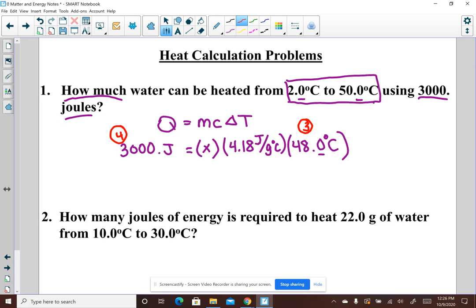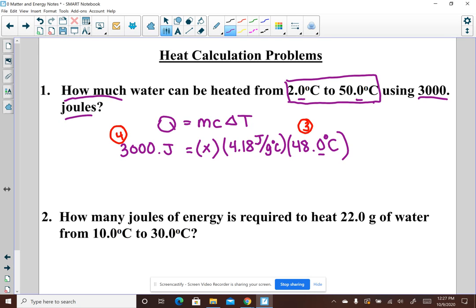So my final answer, I want to round it to the smallest number of sig figs, which should be 3. But we'll get to that in a minute. So in your calculators, I want you to do 3,000 divided by, now 4.18 times 48 should be in parentheses so that you're making sure your calculator does that multiplication first before it divides.